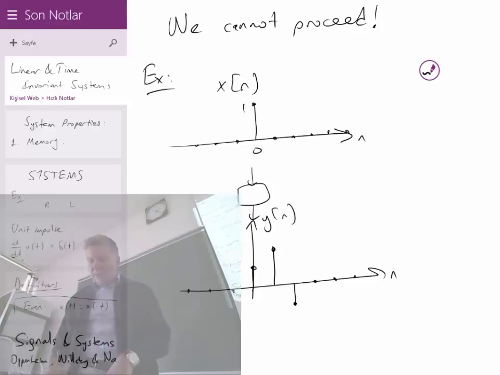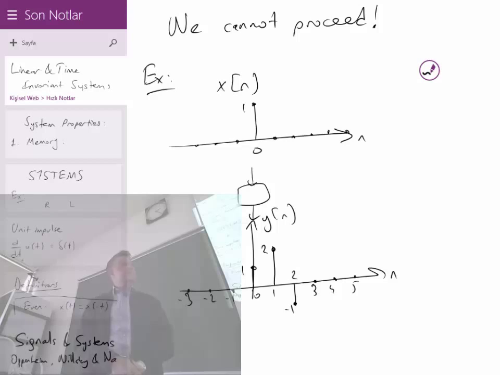By the way, this output is completely arbitrary, okay? I'm just inventing that. This is 1, this is 2, this is minus 1 at 0, 1, 2, and all the others are zeros at all the other indices, okay?